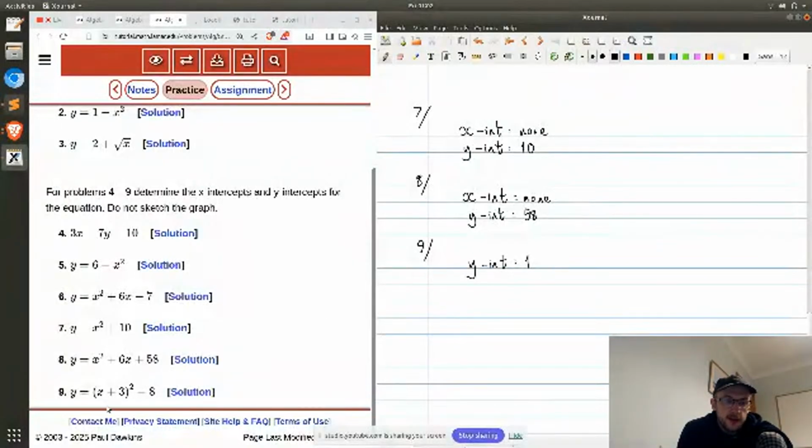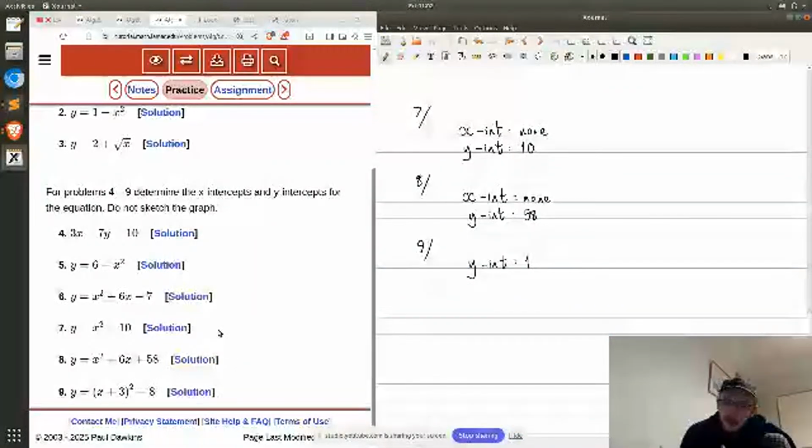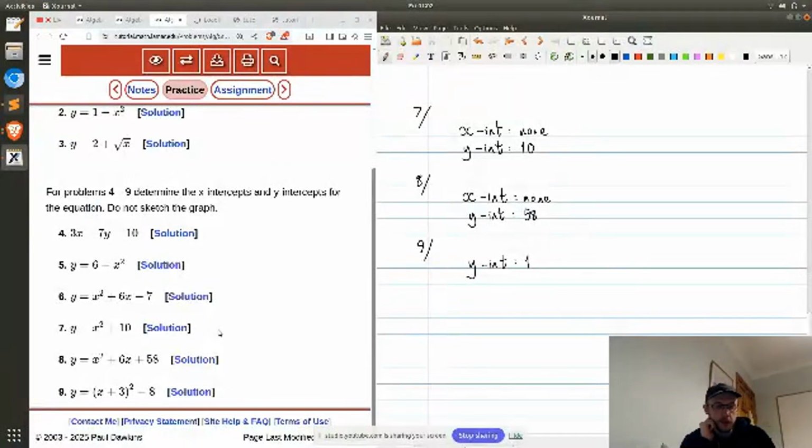Now for the x-intercept, it's tempting to just square it out and subtract 8 and then try to factorize or plug in the formula and just think about it in that way. But instead, I want to think about if this form actually tells you something inherently.